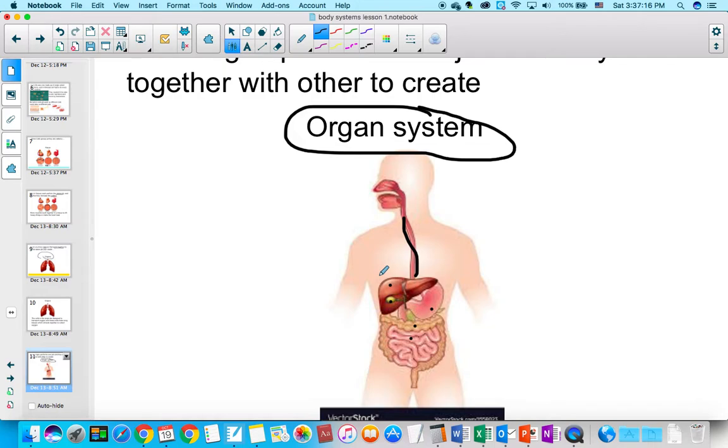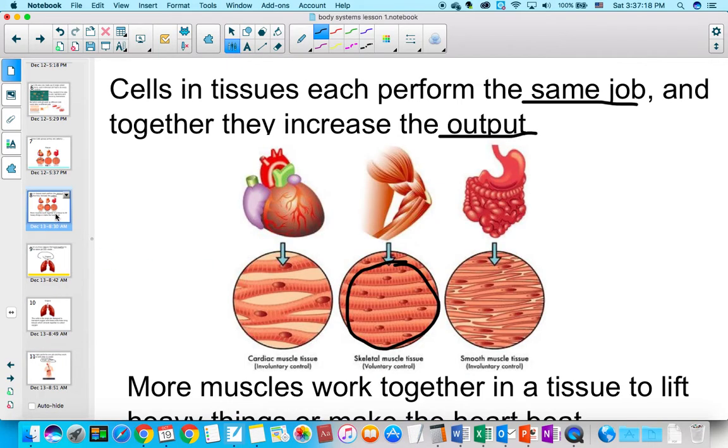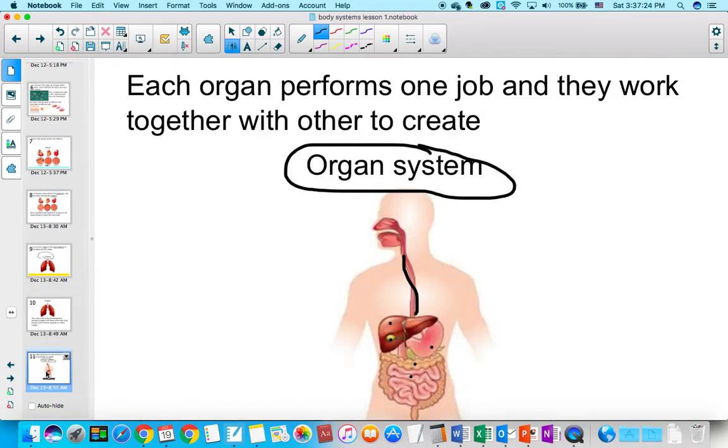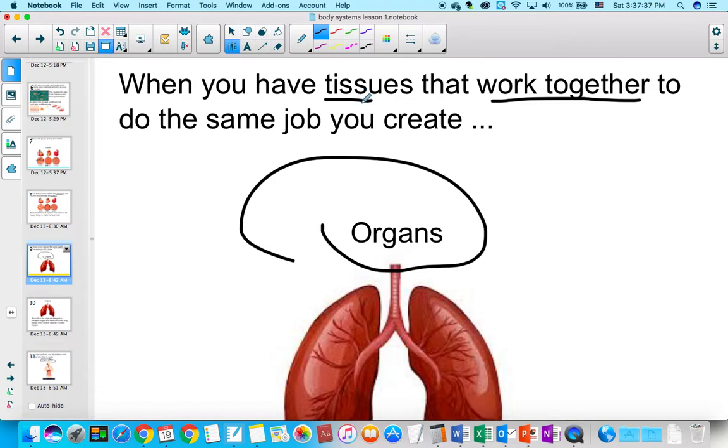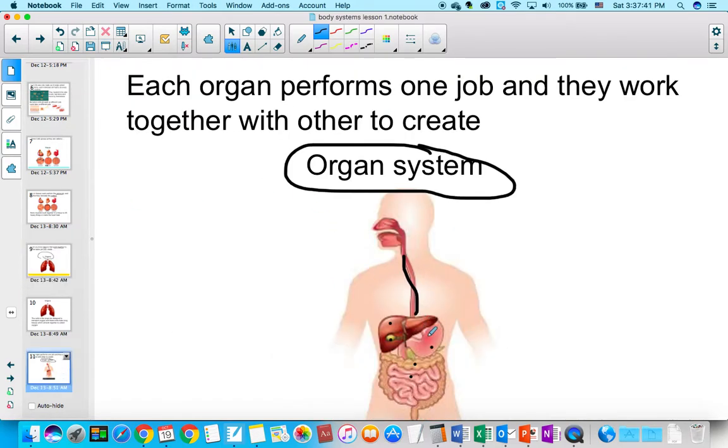Again, a bunch of cells working together in our bodies is called a tissue. If we go back to our organ system and look at one organ, our stomach for example, our stomach has stomach cells. Those cells working together make stomach tissues, and those stomach tissues working together make an organ, our stomach.